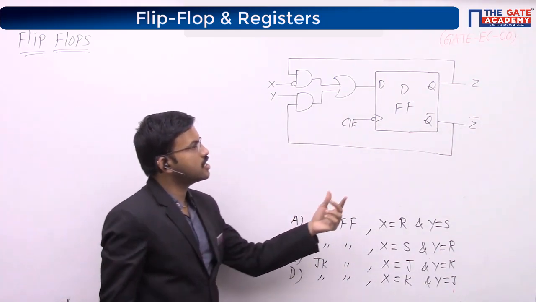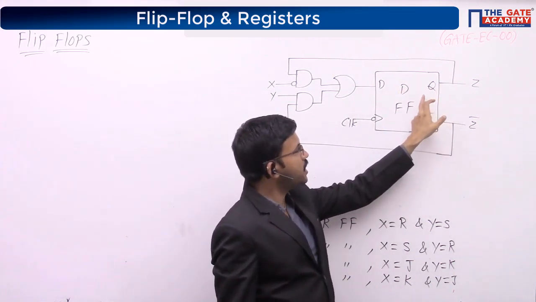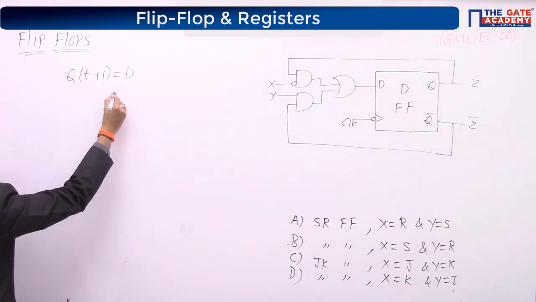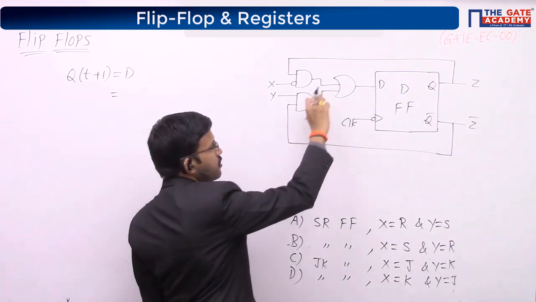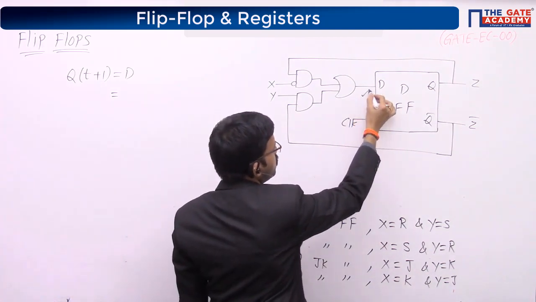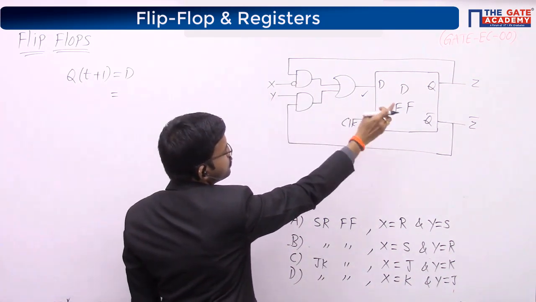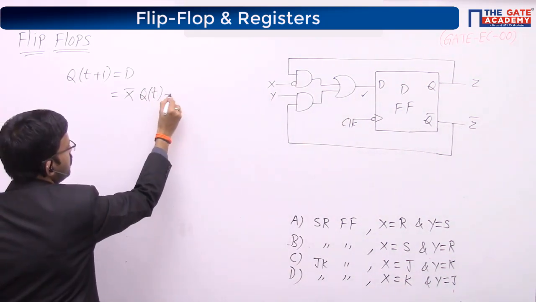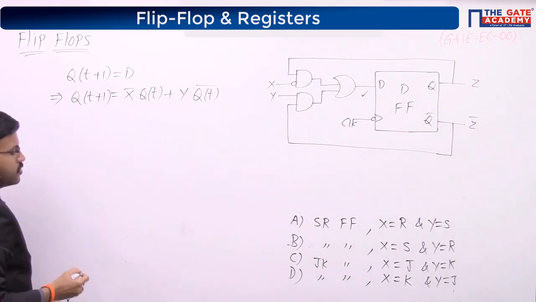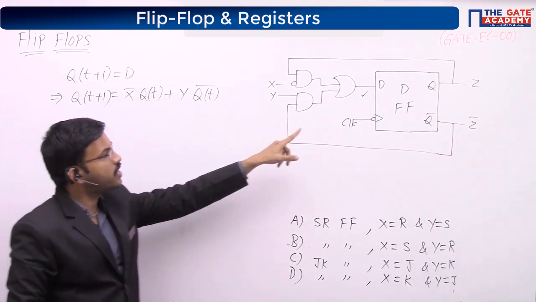First write the characteristic equation of the given flip-flop. Here the given flip-flop is D flip-flop, that is Q of t plus 1 equal to D. Now find out the D value.